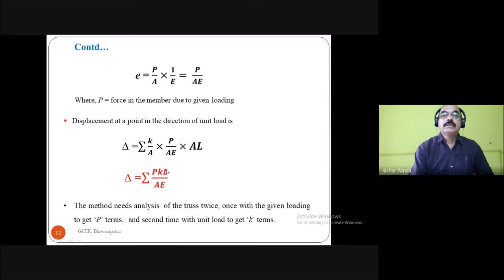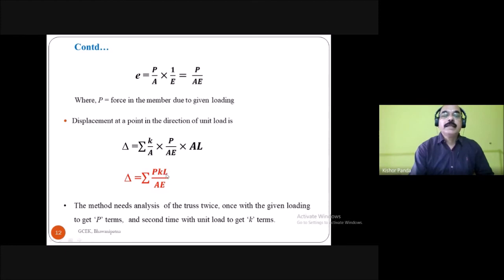Then this is k, the forces in the member due to the unit load. This is also you have to find out. So you have to analyze the truss twice. First with respect to the given loading, so you will get the P terms, and second with respect to the unit loading, so you will get the k terms, the forces k in all the members.